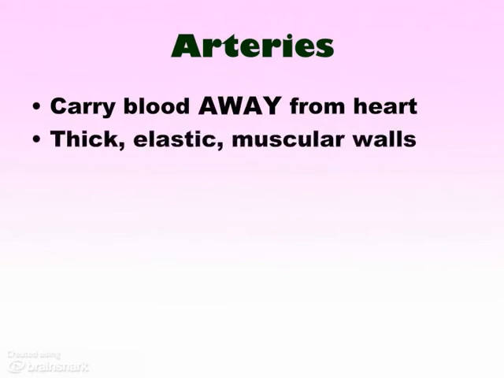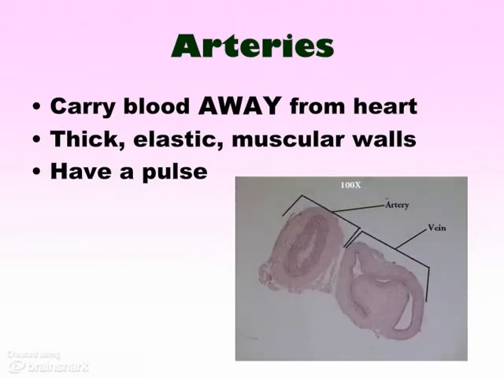They have relatively thick elastic and muscular walls because they are taking blood pressure from each contraction of the heart, and that causes them to have a pulse. We'll discuss this a little later when we get into cardiac circulation. If you look at the diagram down here, you can see the artery is pretty thick-walled.